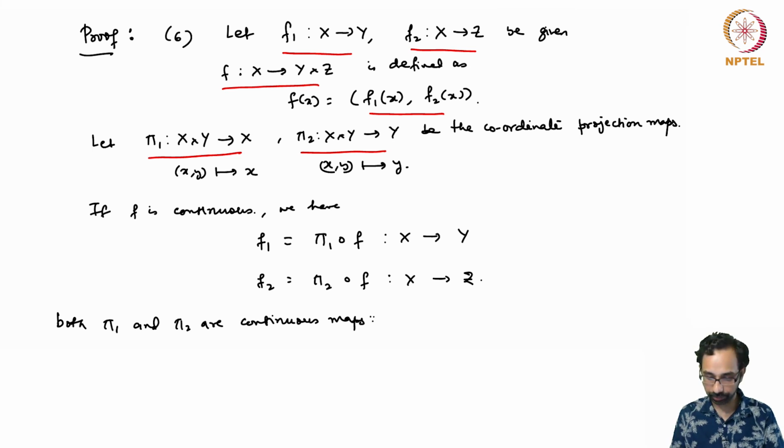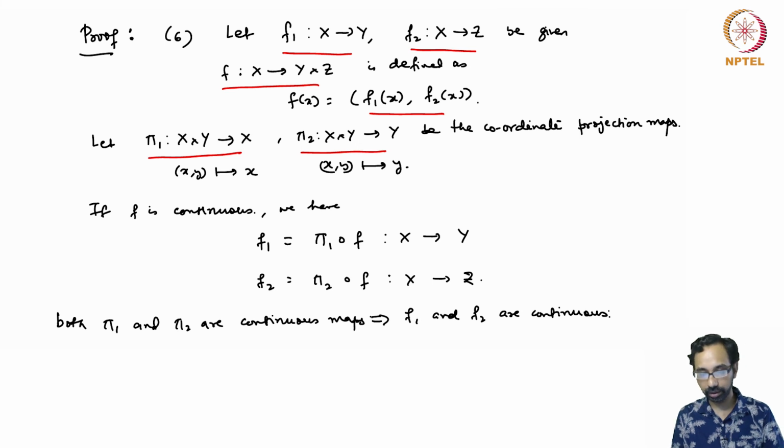So this means that f1 and f2 are continuous, because from the third statement above, composition of continuous maps is continuous. So f1 and f2 are both continuous.